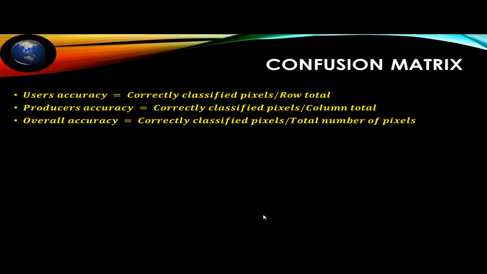Means you have classified so many pixels for road network, water body, agriculture land, residential area, vegetation or soil, and then the total number of pixels. So this is called the overall accuracy.